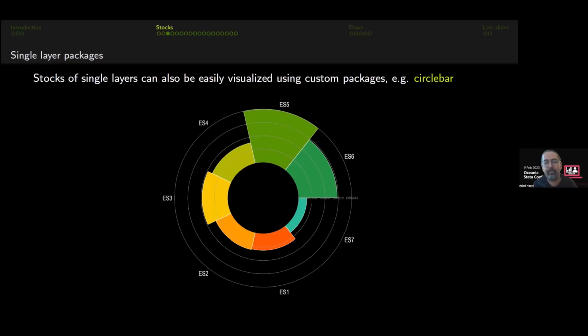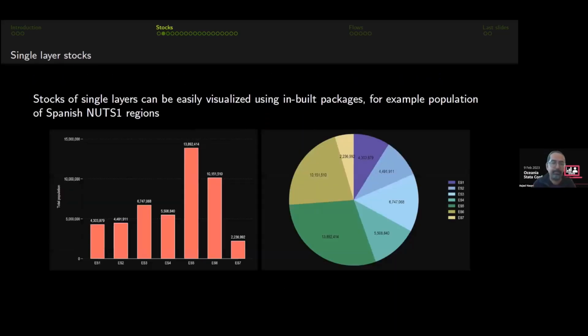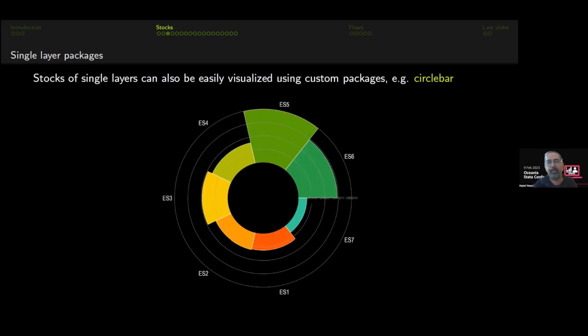Polar coordinates are not always the favorite ones, but this is just an illustration to show that you have inbuilt packages and purpose-built packages that can allow you to do this. And these are basically single line commands. You just need to say circle bar population by nuts 1, and that will throw this graph out on the screen, and then you can customize it further.